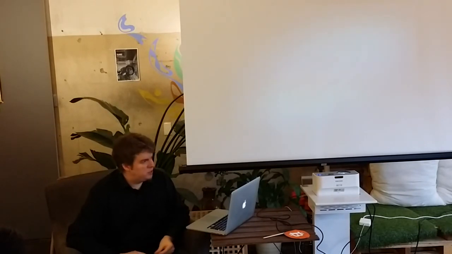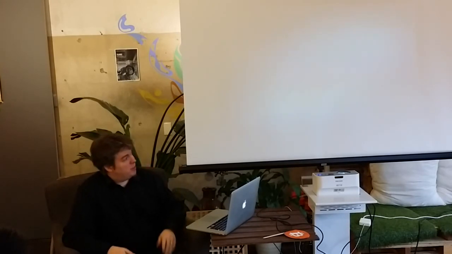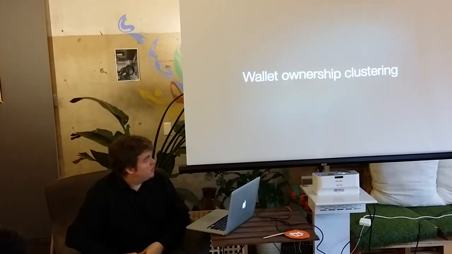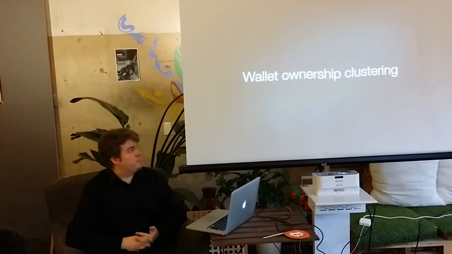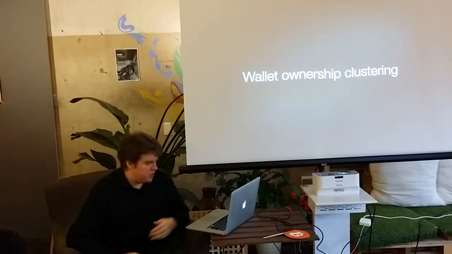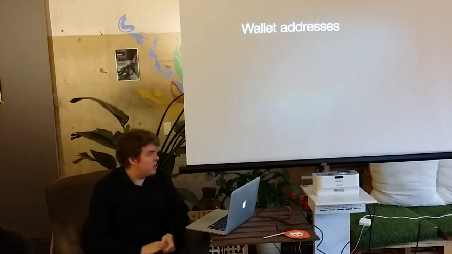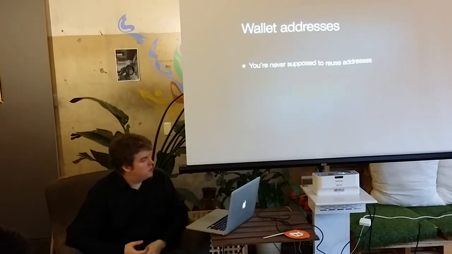Now, what kind of simple analysis can I use as a demonstration for this kind of simple talk? Well, I figure we can do a basic analysis called wallet ownership clustering, which is, well, Bitcoin is based on addresses. Addresses sit in your wallet, and we've all been told that you're never supposed to reuse addresses because that's bad, okay?